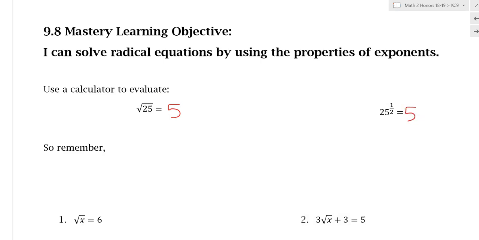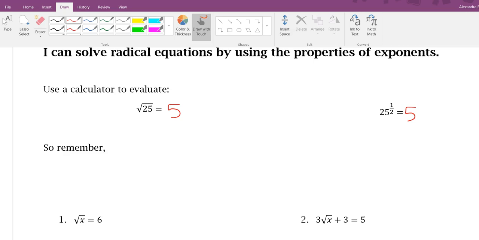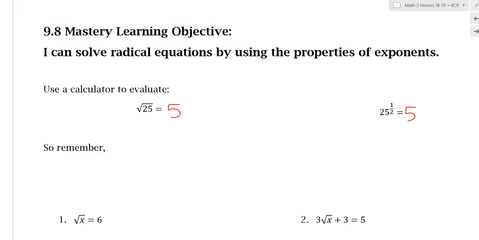Okay? So this brings us to some rules we have to remember from last year a little bit, right? Some of our properties of exponent rules. So a to the 1/2 is the same thing as the square root of a, okay? Where a can be any number. Okay, so 5 to the 1/2 is equal to the square root of 5. 30 to the 1/2 is equal to the square root of 30. Okay?